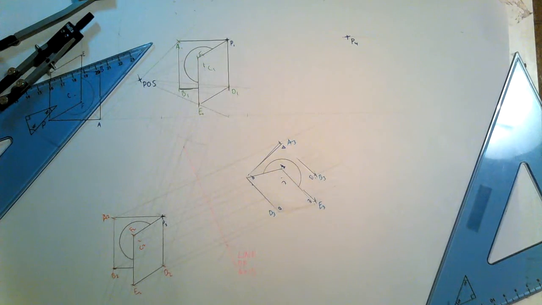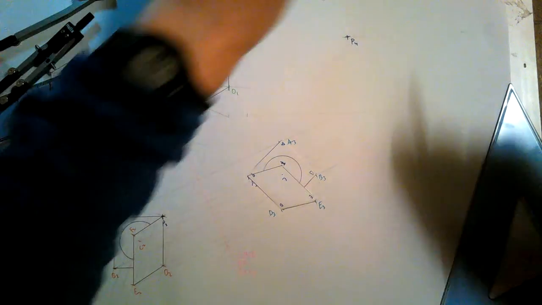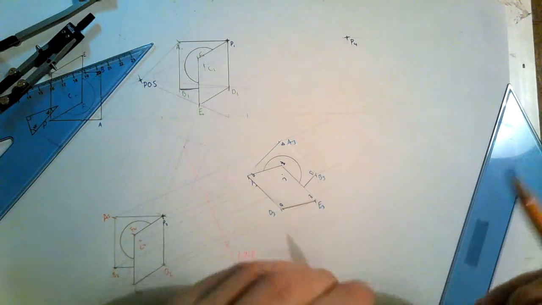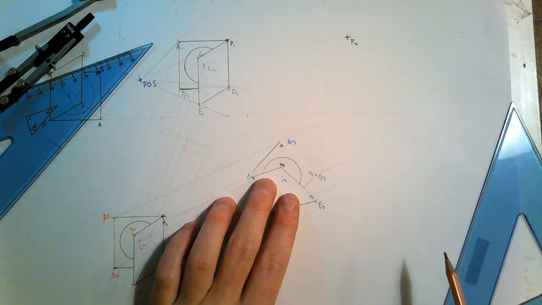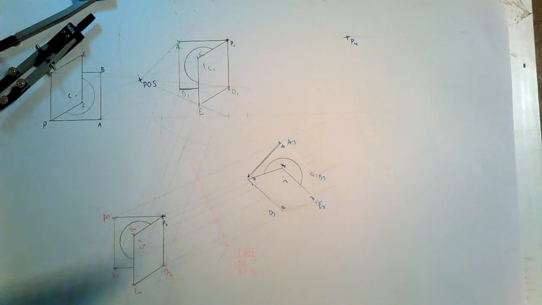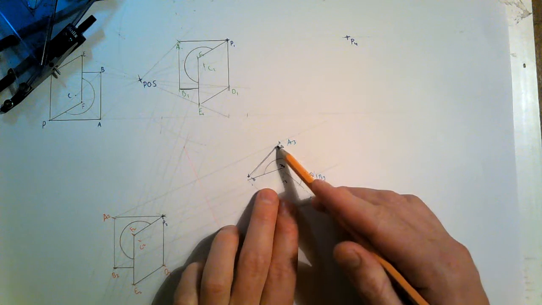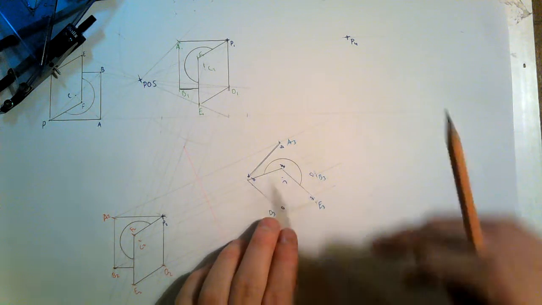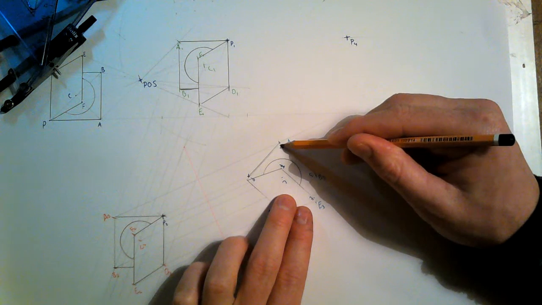Okay, so our next one is rotation of 90 degrees. So as we look at it, A and P is our baseline, so they want to rotate it 90 degrees clockwise.